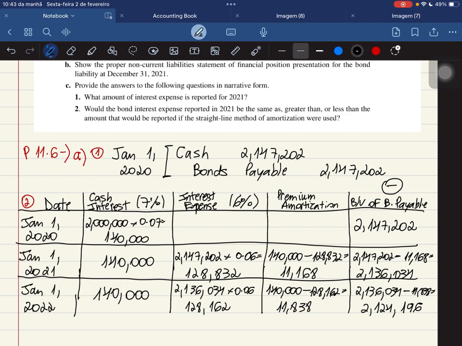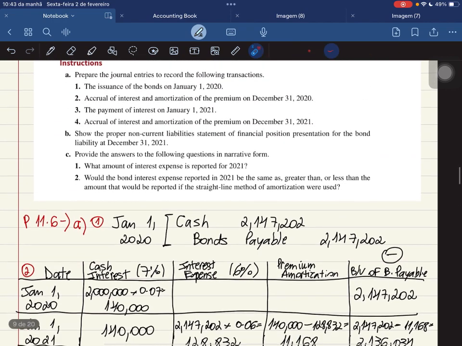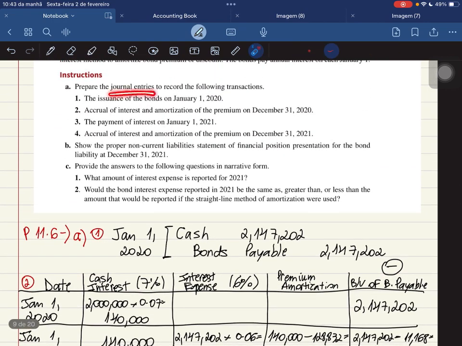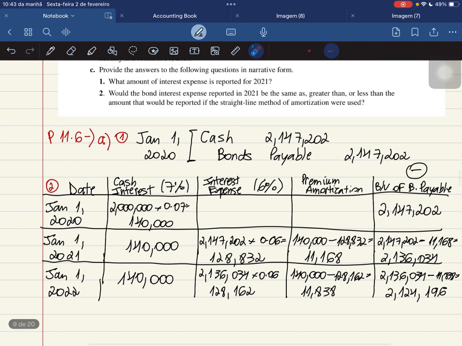Okay, all right. And the reason why we did that is because they actually wanted us to prepare the journal entries for the amortization of the premium on December 31st of 2020, right?